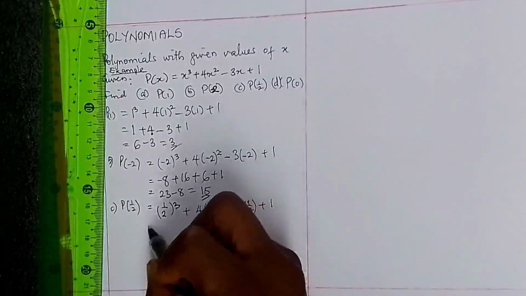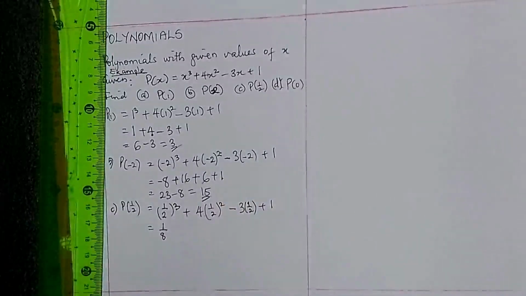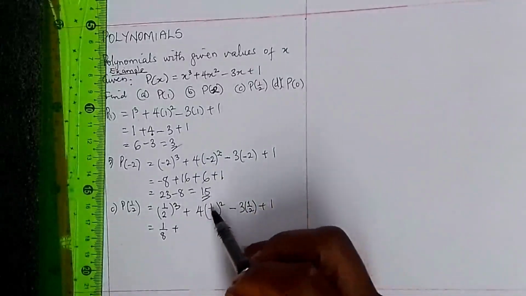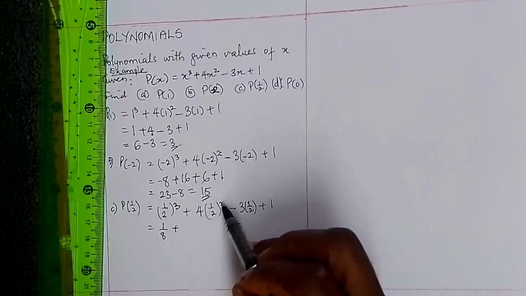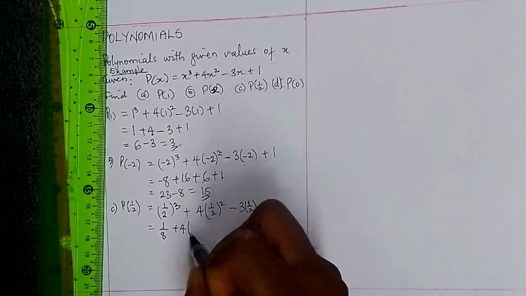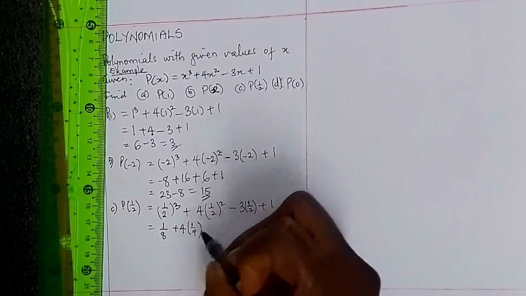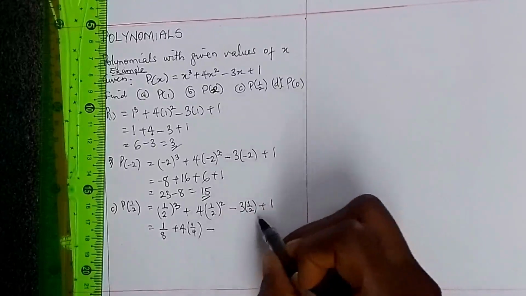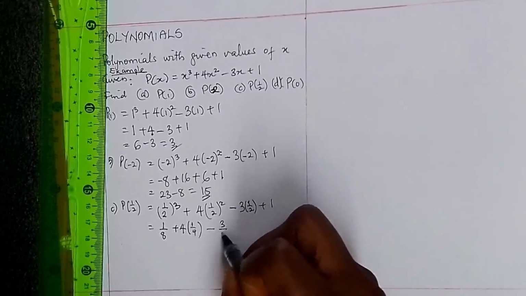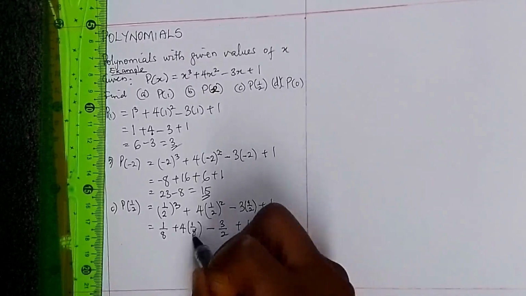So what we have here is now 1/8, because 1 raised to the power of 3 is 1, 2 raised to the power of 3 is 8, plus 4 times, 1 raised to the power of 2 is 1, 2 raised to the power of 2 is 4, so we have 1/4, minus 3/2, that's this 3 multiplied by 1 on top, plus 1. 4 here 1, 4 here 1.